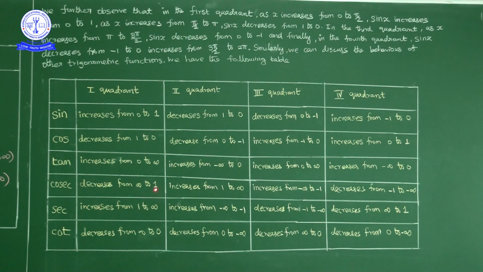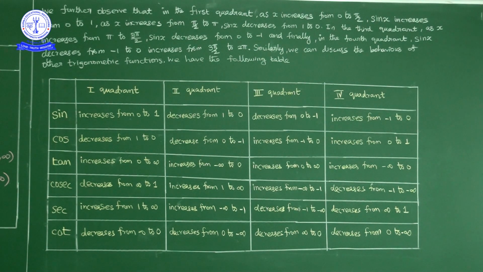So in first quadrant, cosecant x decreases from infinity to 1. Okay, infinity to 1. Because cosecant 0 is undefined, cosecant pi by 2 is 1. So as x increases from 0 to pi by 2, cosecant x decreases from infinity to 1.